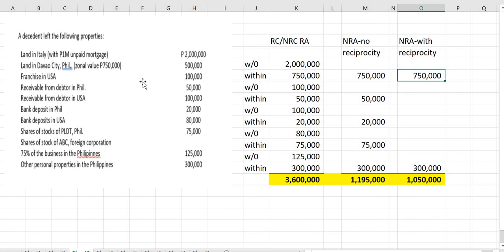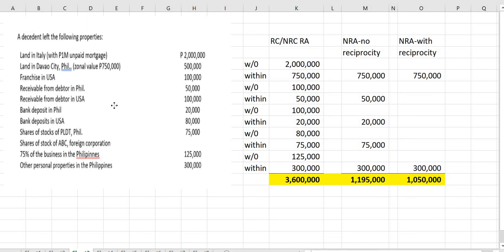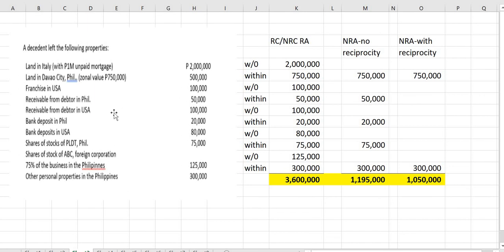Franchise in USA. So, the status of this is without. So, that is for RC, NRC, and RA only. Receivable from debtor in the Philippines. So, the status of the receivable depends on the domicile of the debtor. Since it is the Philippines, 50,000, right? This is 50.